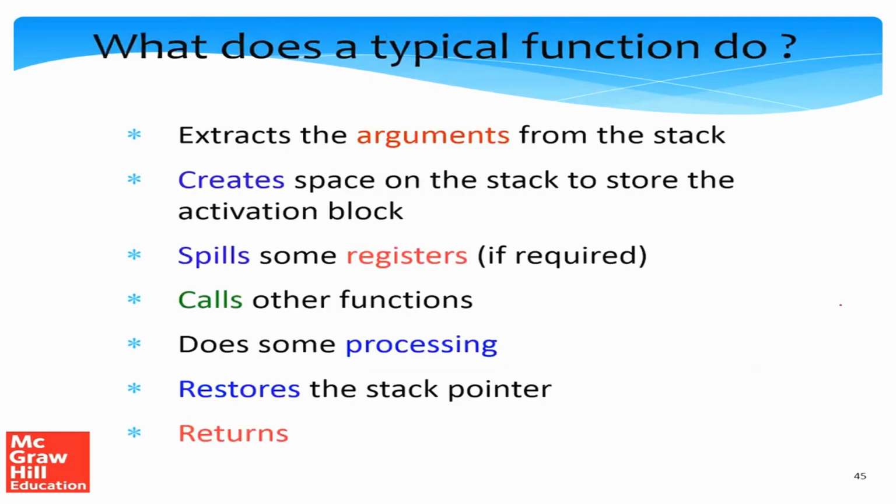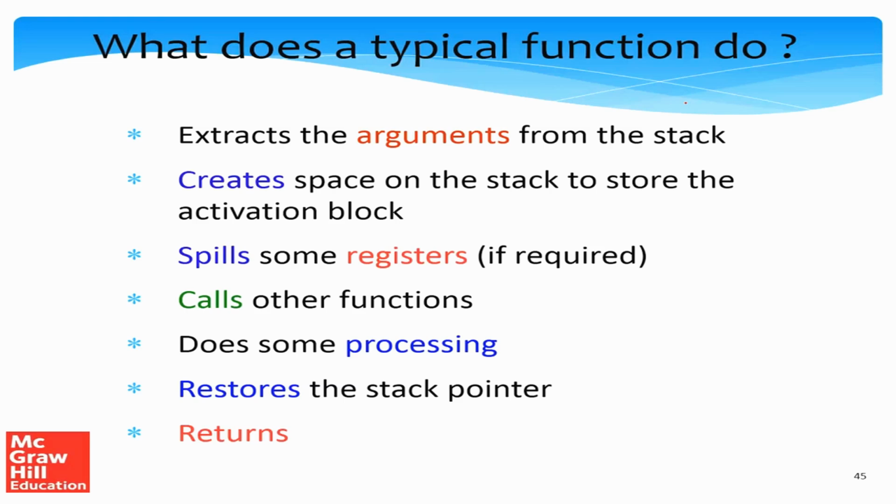Alright. So what does a typical function in x86 do? It needs to do similar things. We recall that we have discussed everything about functions in chapter 3. Before calling a function, we need to put all the arguments on the stack or in registers. Once a function begins, it extracts the arguments from the stack.